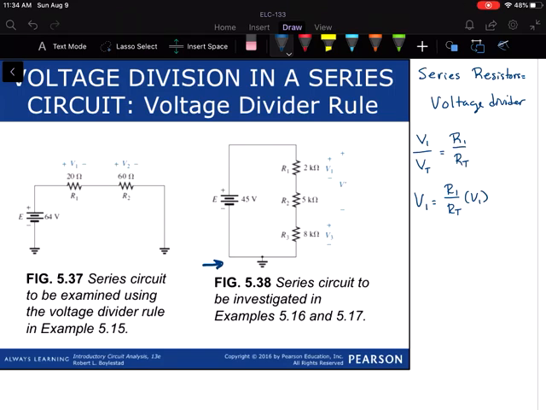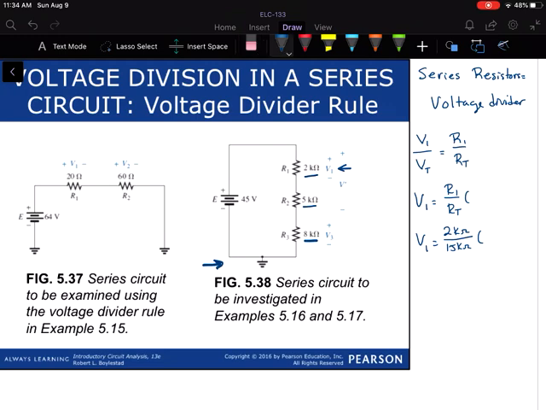So if we want to find, let's say, V1 right here, V1 equals that 2K ohm resistor over the RT. Well, RT would be the sum of 2 plus 5 plus 8, or 15 kiloohms, times, oh, that should be VT there. Sorry about that.